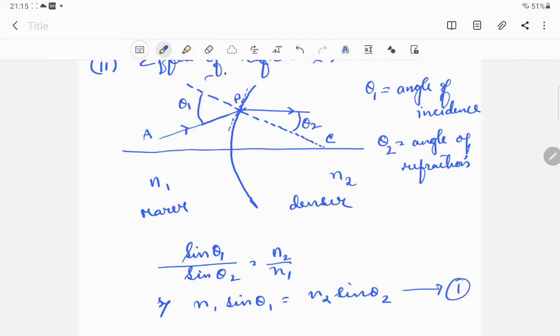Next, I will draw a parallel. Sorry, this is coming like this. This is a normal, so obviously it is going like this.